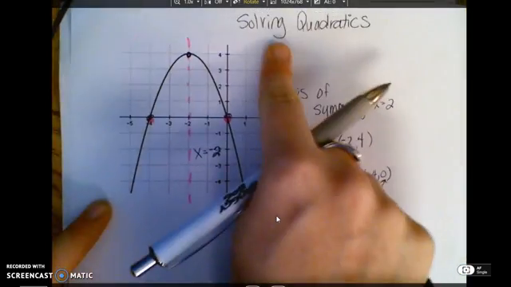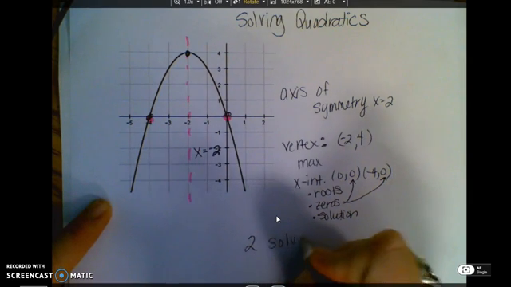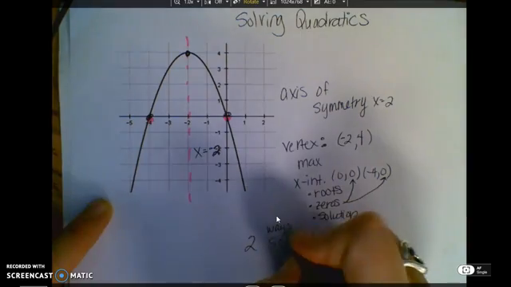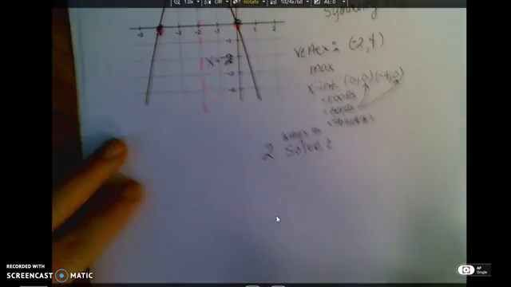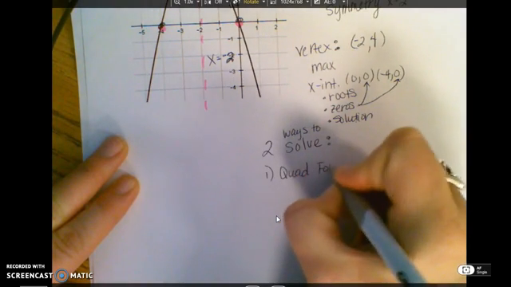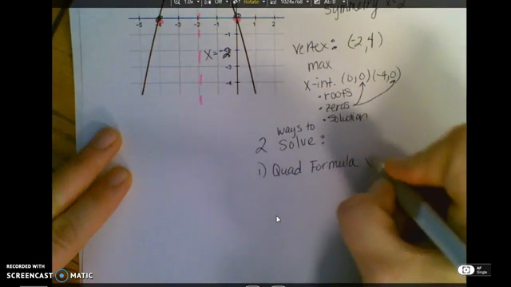Now, we are solving quadratics, so there are 2 ways to solve. This video specifically, we're going to be working on number 1, which is the quadratic formula. And it always works. That's what's important about this one.